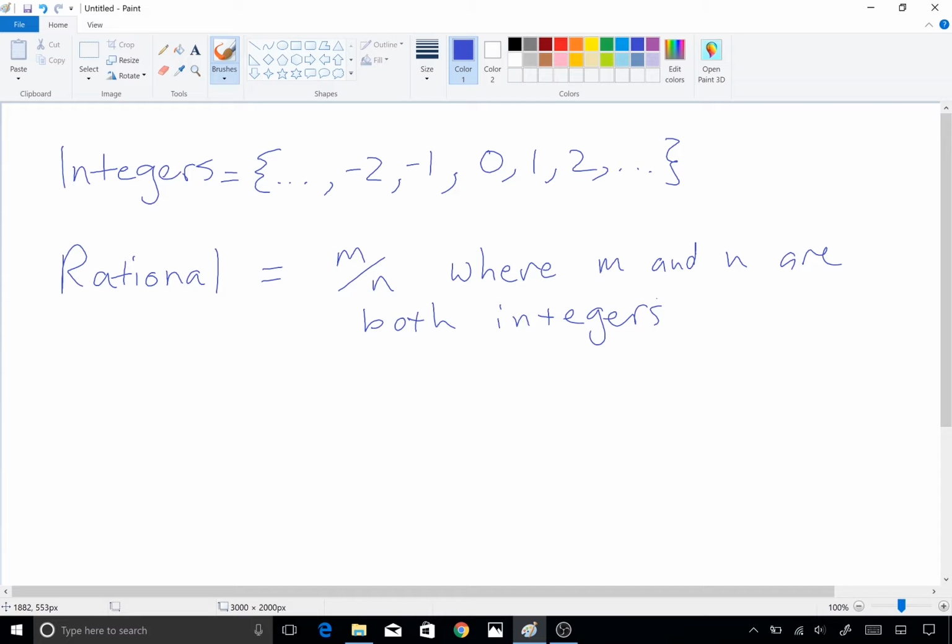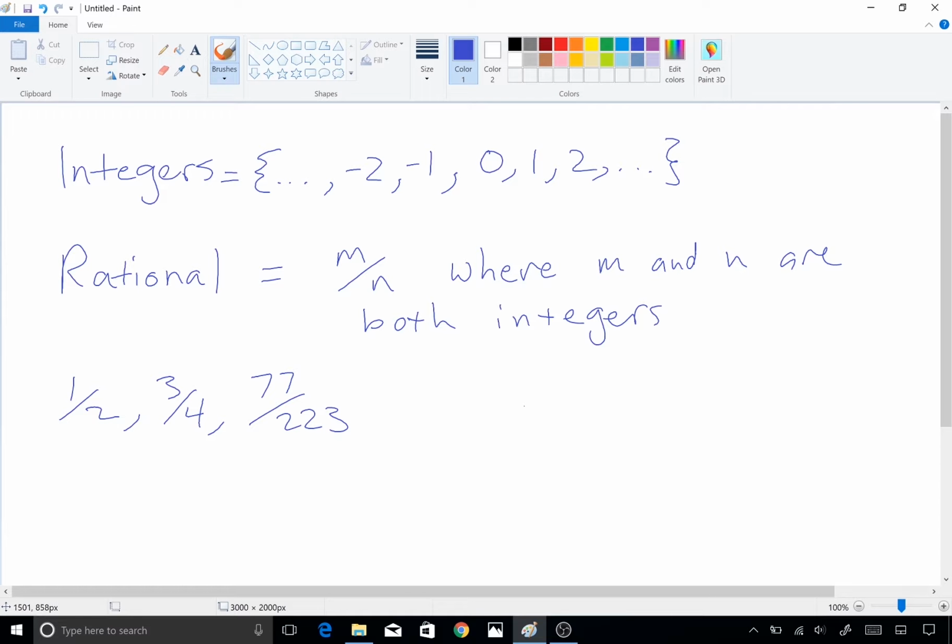So a rational number is a fraction of whole numbers, like 1/2, 3/4, 77 over 223. Any number that can be written like this is rational.